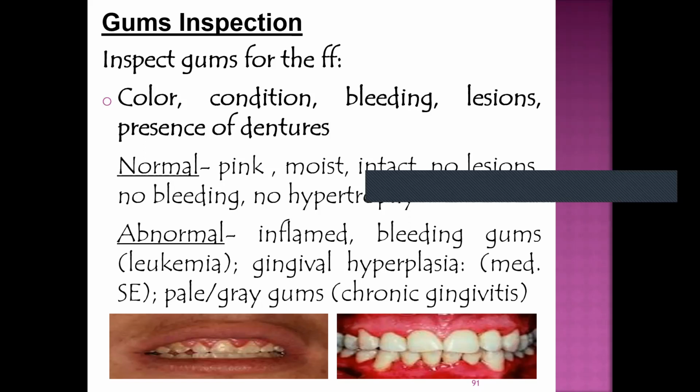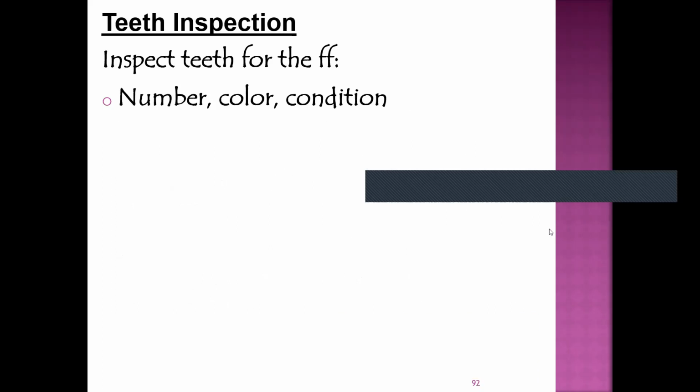So please supplement our discussion with your own researches and photos, so that you might want to look at these common oral inspection results. Okay, whether it's normal, whether it's abnormal, please supplement so that you will know more.